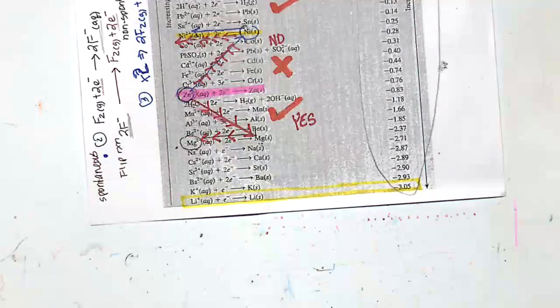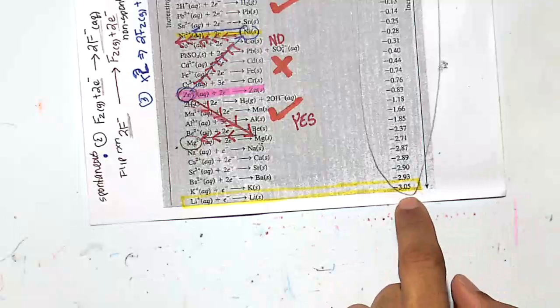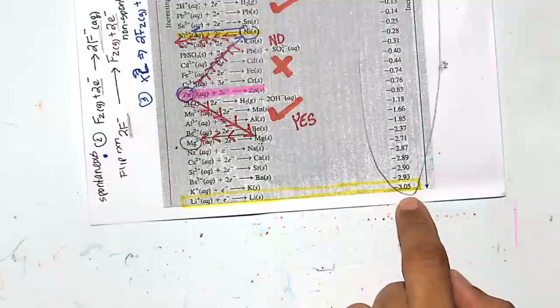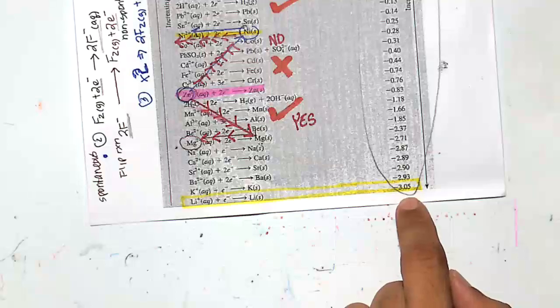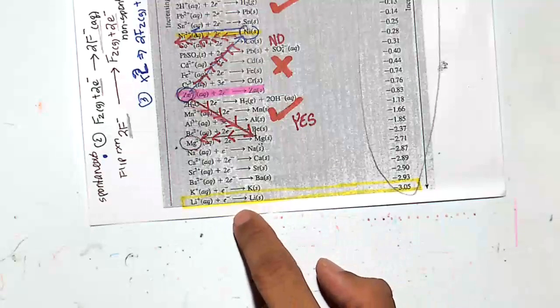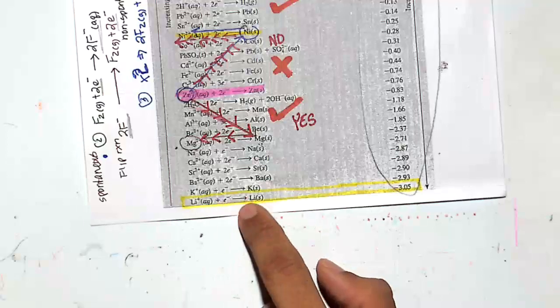Negative 3.05 volts. Good or bad? Non-spontaneous. So this is something that's not likely to happen. We don't have negative voltages, so this is non-spontaneous. So we say lithium at the bottom is the best reducing agent.